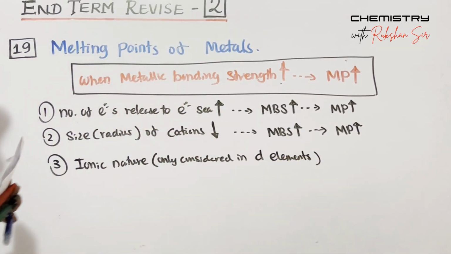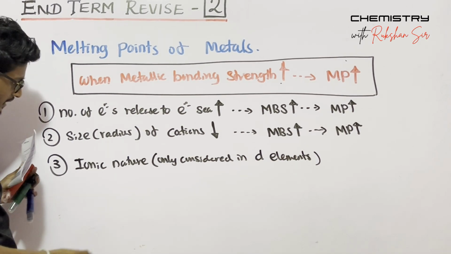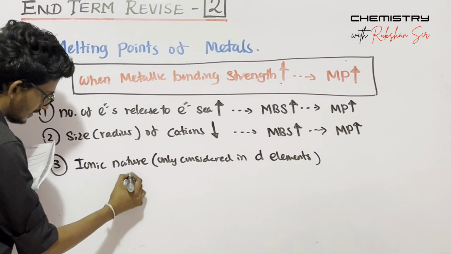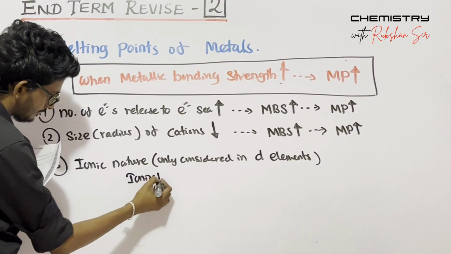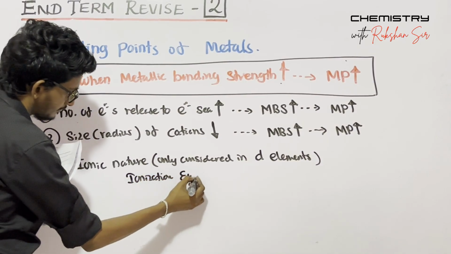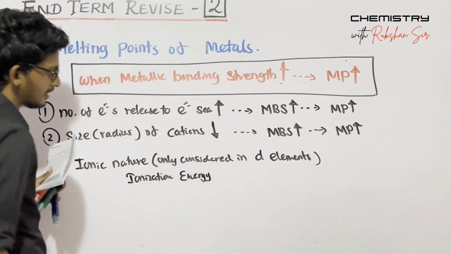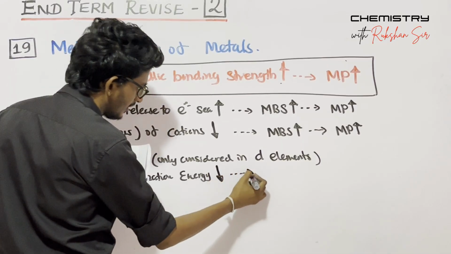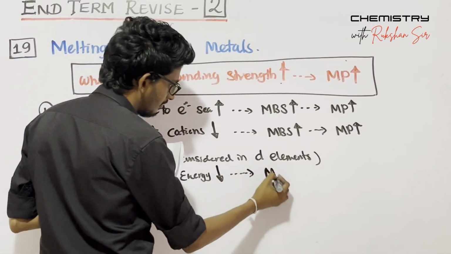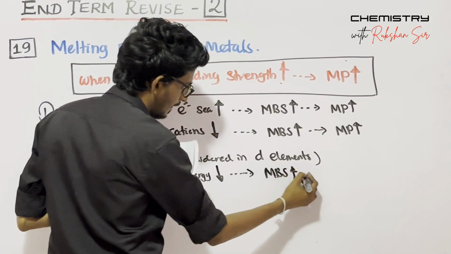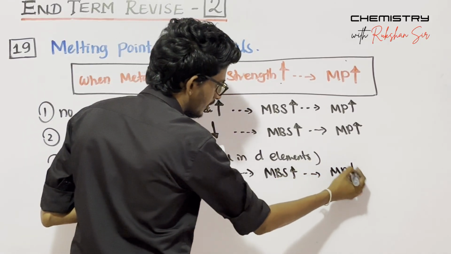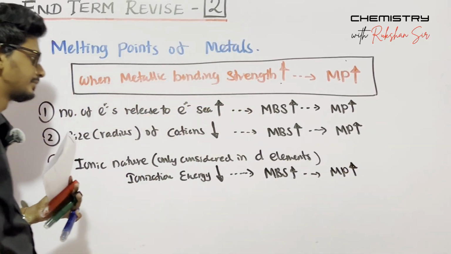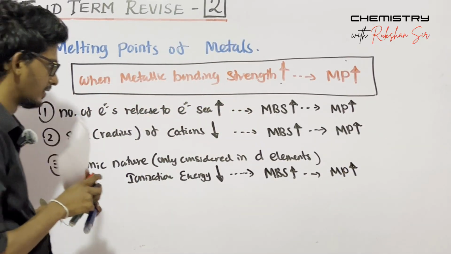When the ionization energy is low, you can release more electrons to the electron sea and your metallic bonding strength will be high. So your melting points are high. So that is the idea.